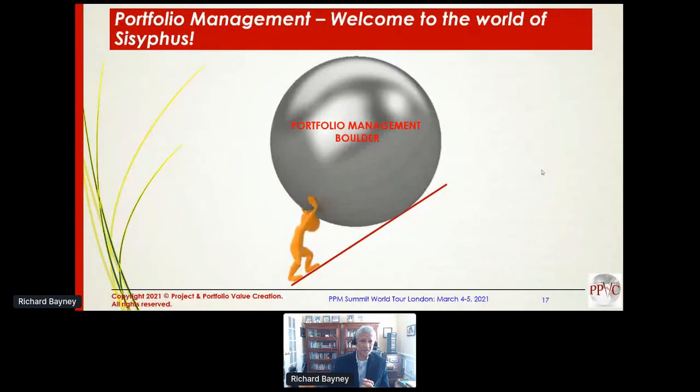So welcome to the world of Sisyphus. Those of us who've been doing portfolio management, either for a short or a long time, and I've been doing it for decades, know well that this issue of building a portfolio management function and making it thrive in an organization can become quite a Sisyphean task. You and I know the consequences of what happens here when you're being asked over and over again by senior executives, what is your value proposition?